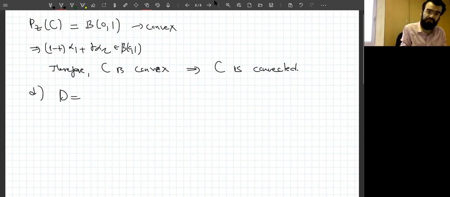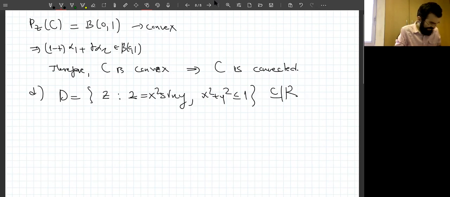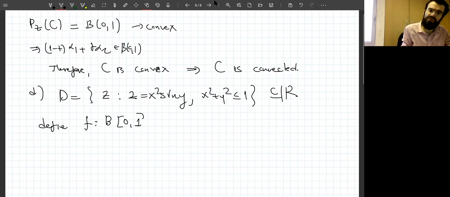D. Let's define a map F, given like this, from this closed ball to real numbers, given x, y.